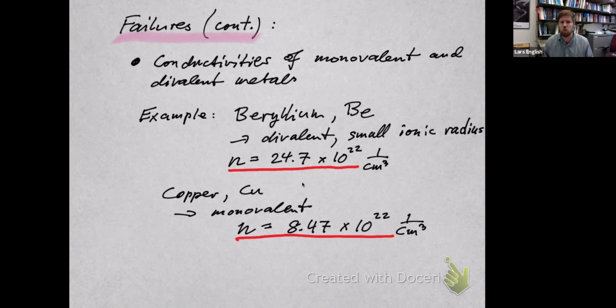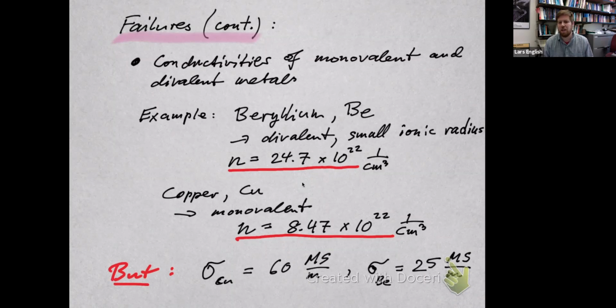And so that's just what the Drude model would predict, but that's just not what we're seeing, right? Copper has a conductivity of about 60 mega Siemens per meter, and beryllium is down at 25, so it's less than half of it. And so that is a discrepancy that the Drude model just cannot explain, and I would call that a failure.